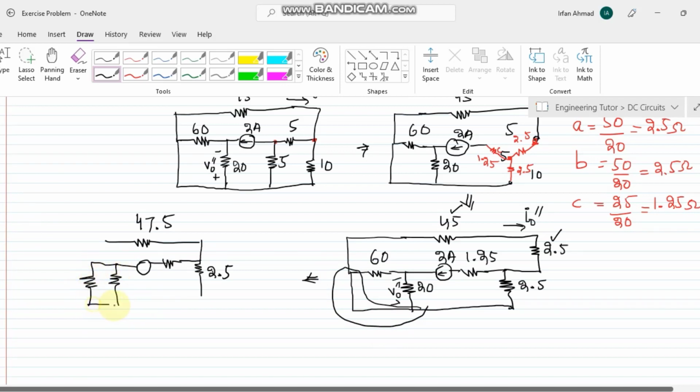Okay, and similarly this is connected with this one. So now 47.5, 2.5 is here. So now again, this is the 2 amps, this is 1.25, this is 20, and this is 60.